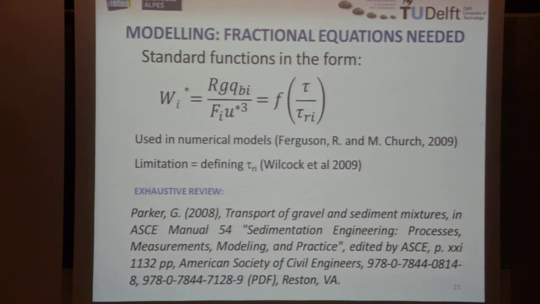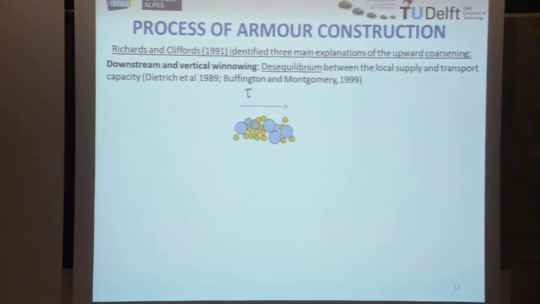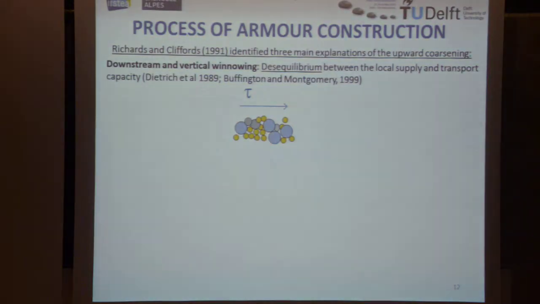So, I come to the main purpose of my talk. What I'm concerned with today is what are the processes leading to the armoring construction. So Richard and Gifford identified three main reasons in the literature review.